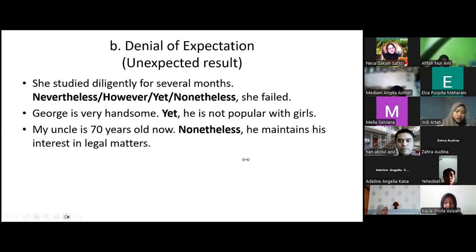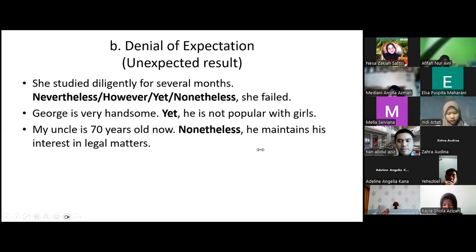Okay, continue. My uncle is 70 years old now. Nonetheless, he maintains his interest in legal matters.